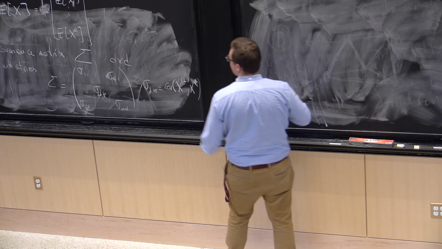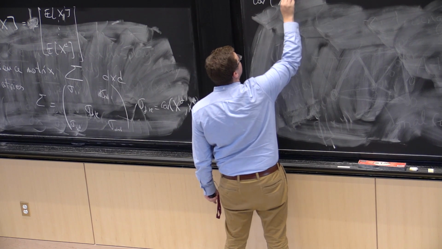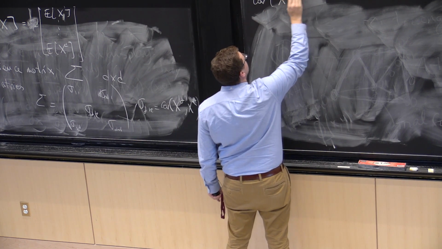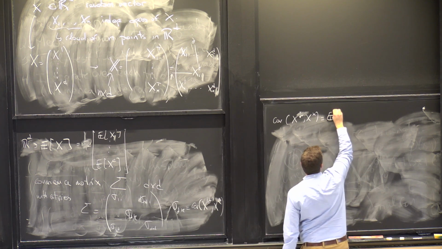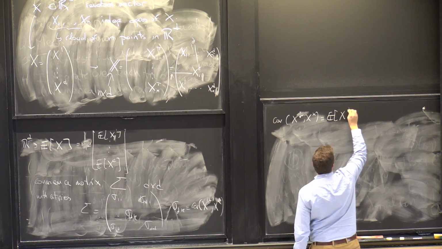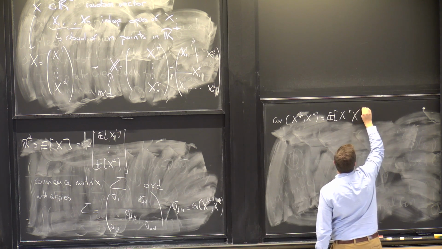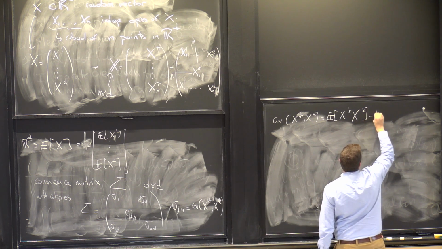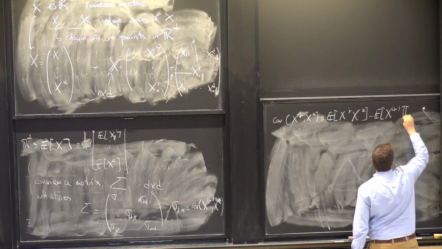Okay, so what is the covariance between xj and xk? Well, by definition, it is the expectation of xj times xk minus the expectation of xj times the expectation of xk.